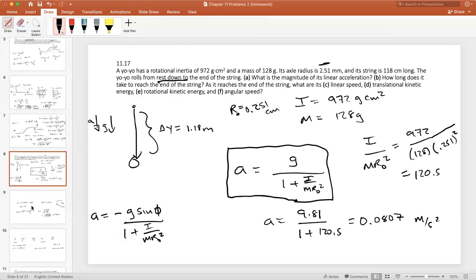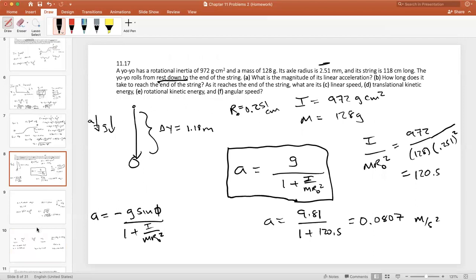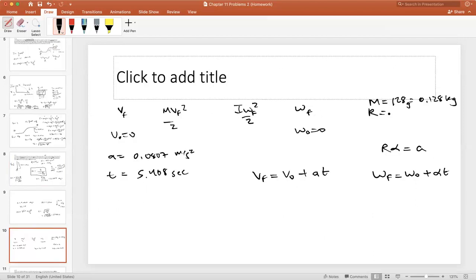We had 128 grams, so 128 grams is 0.128 kilograms, and R was 2.51 millimeters, which is 0.00251 meters. So to find v final, we get v final is v naught plus a t.